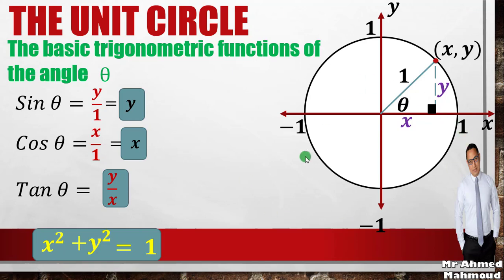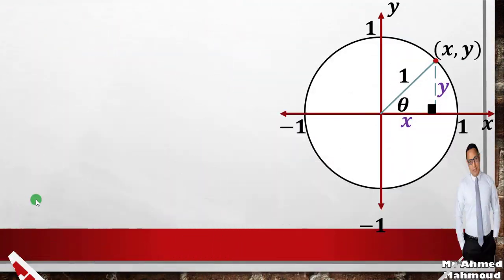Now, let's study a new topic called reciprocal of trigonometrical functions. We studied before sine, cosine, and tan. We have 3 new functions. Let's study them by using the same unit circle.